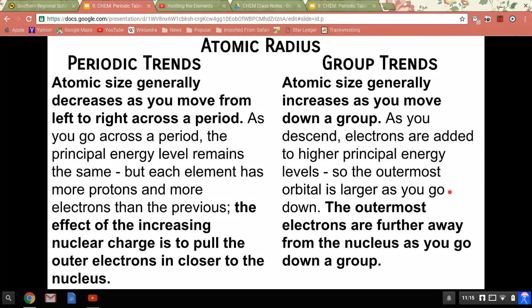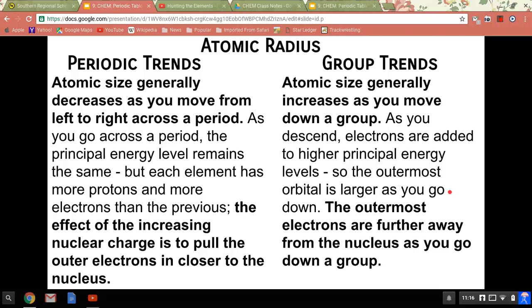On the periodic table, there are trends with the atomic size. As you move from left to right, starting at the alkali metals and going over towards the noble gases, so left to right across the period, the principal energy level stays the same, and the atomic size generally decreases.